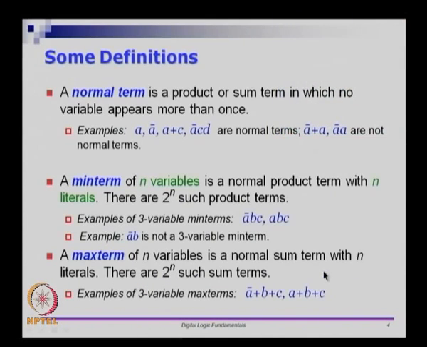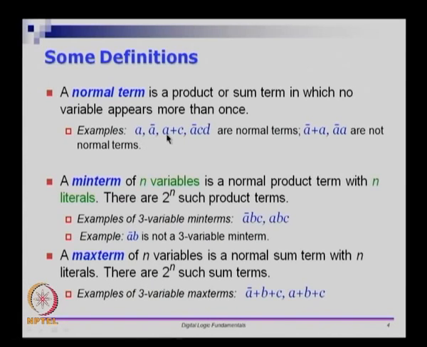Now, let us look at what a normal term is. A normal term is usually a product term in which no variables appear more than once. Let us look at this. A is a literal, it is a sum term as well as a product term, and there is nothing repeating in it, so it is a normal term.